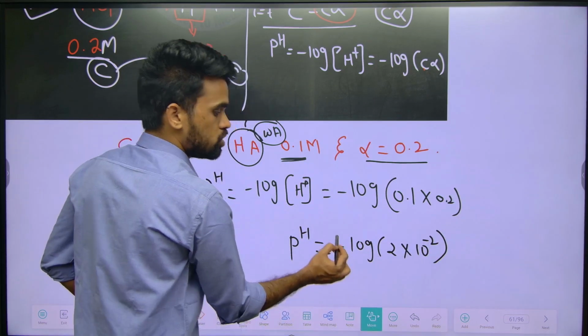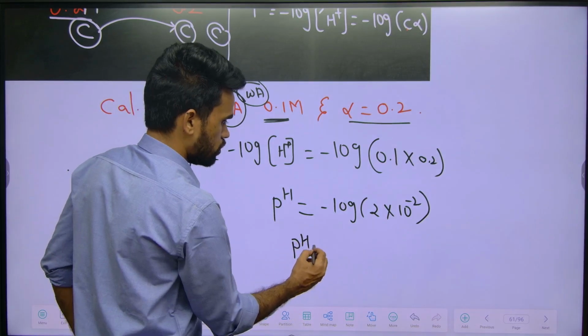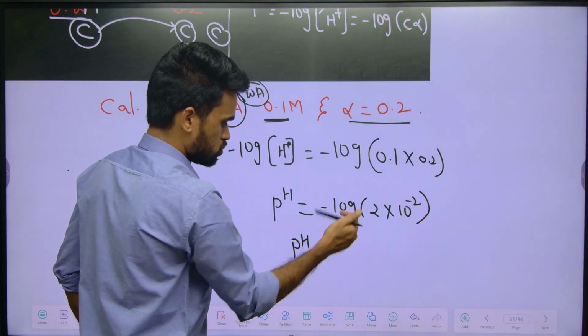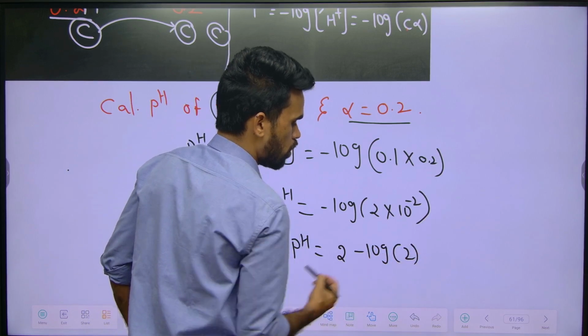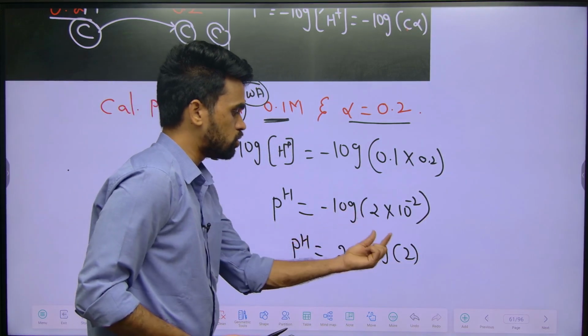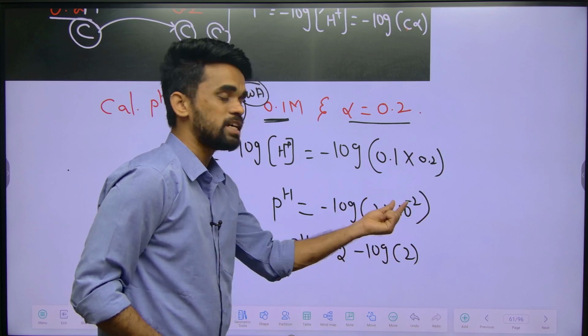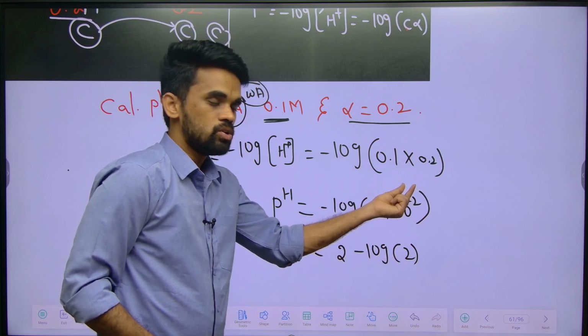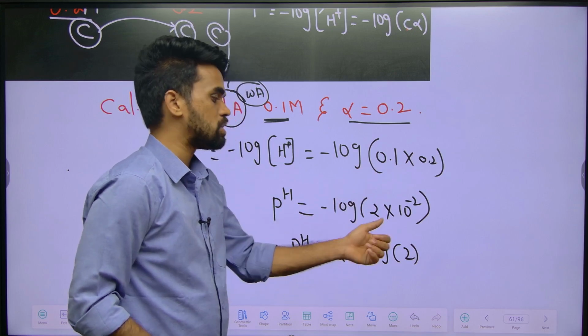Again, this is log A into B form. So we can write it as minus log 2 separately, and minus log 10 power minus 2 separately. The 10 power minus 2 part gives 2, since log 10 is 1. So 2 minus log 2 is remaining.